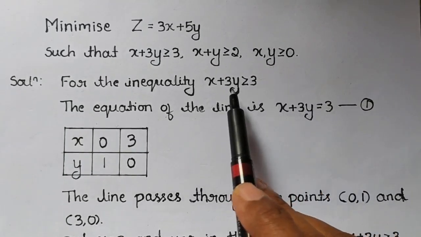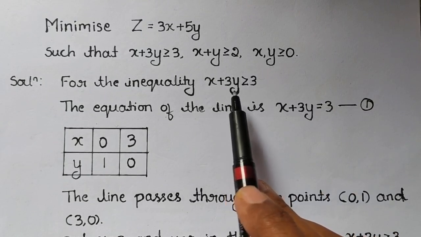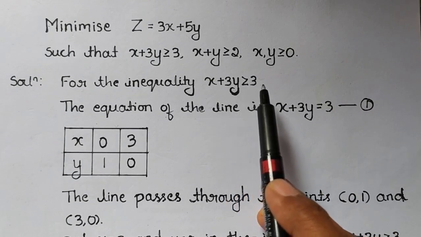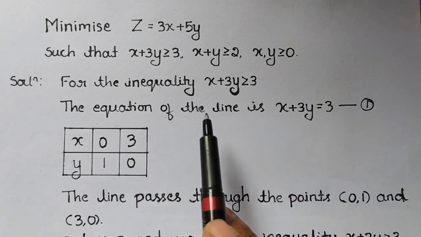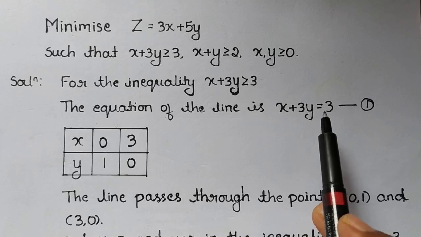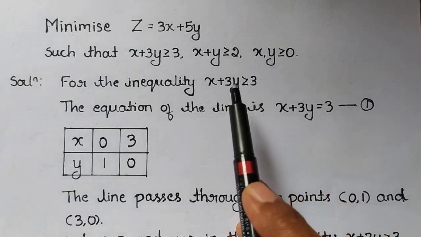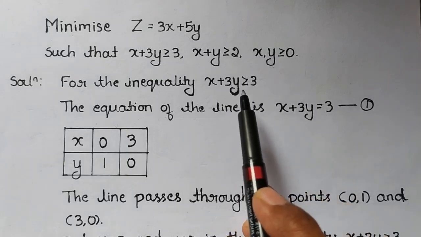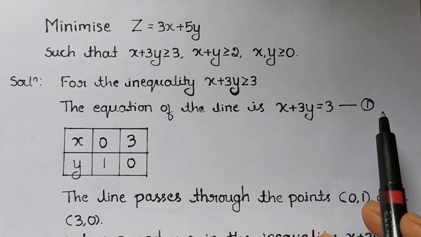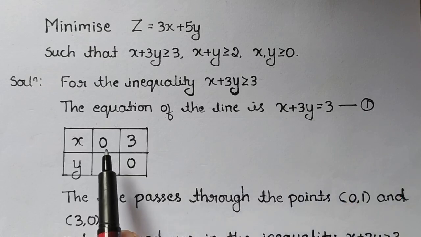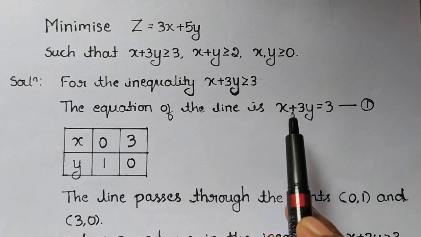The first inequality is x plus 3y is greater than or equal to 3. The first step is find the points on the line. For that we write the equation of the line. This can be done by replacing the inequality sign by equality. Let us call this as equation 1. Now substitute x as 0 in this equation.